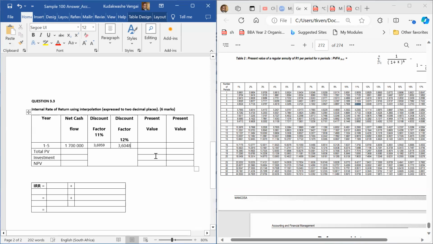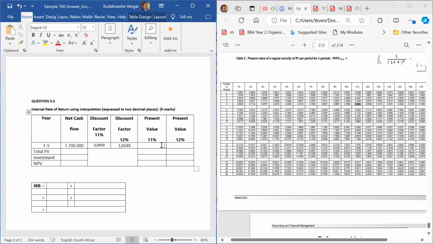And then we're going to calculate the present value. So for you to calculate the present value, you're going to say the cash flow multiplied by the discount factor. So we're going to calculate the present value at 11%, and we're going to calculate the present value at 12%.